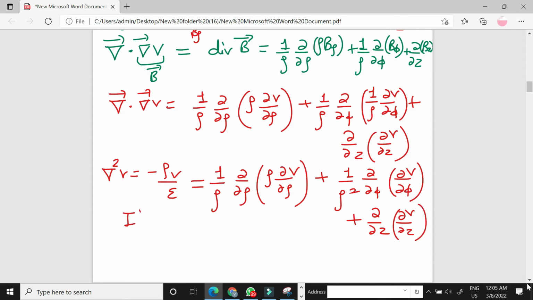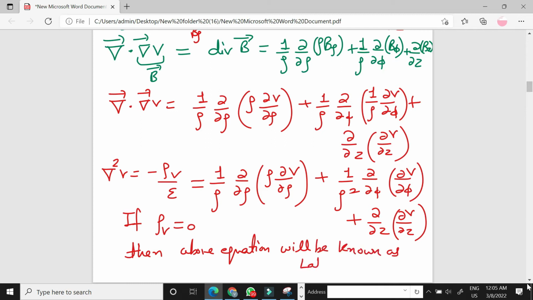If rho v is equal to 0, then the above equation will be known as Laplace equation.